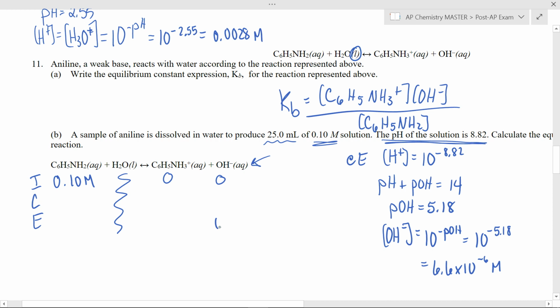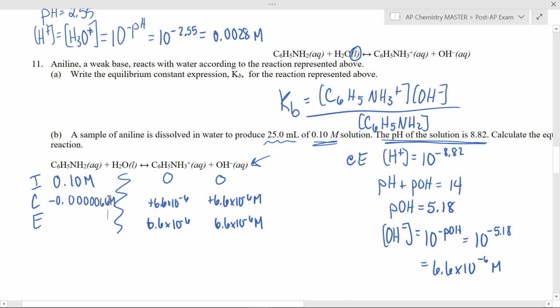So that is my hydroxide concentration at equilibrium. And then if I know these numbers, remember, now I know what the change is. So I'm going to fill in the rest of the blanks here on my ice chart. And for this one, I'm going to write it out in standard notation. So 6.6 times 10 to the negative 6, that is 0.0000066.